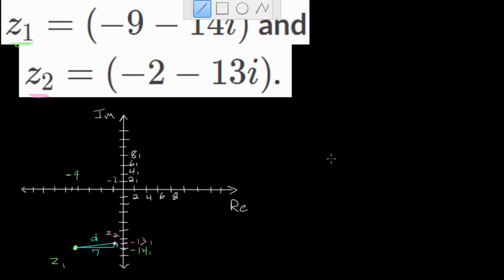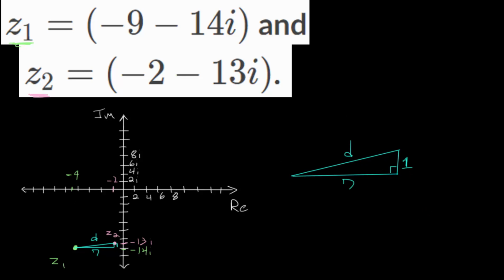So let me redraw that triangle. We have a right triangle, like I mentioned, and it's not perfectly to scale anymore. Well, it was never perfectly to scale, but we can draw in a rough approximation here where the vertical component is length 1, the hypotenuse is length d, and our horizontal component is length 7.